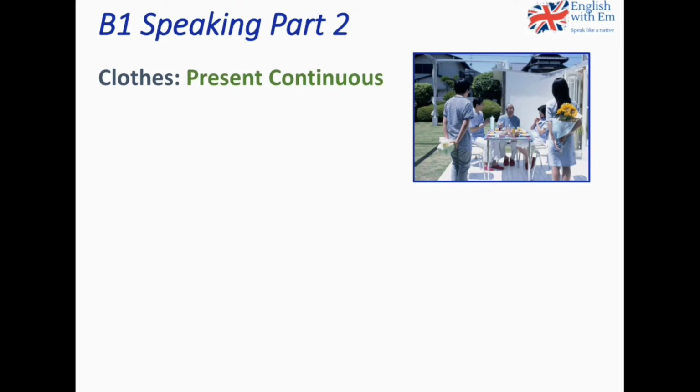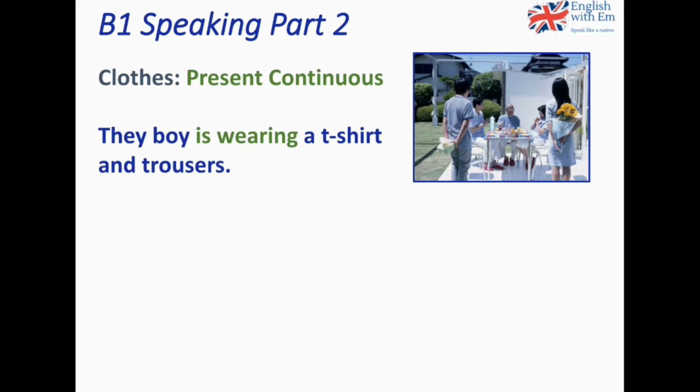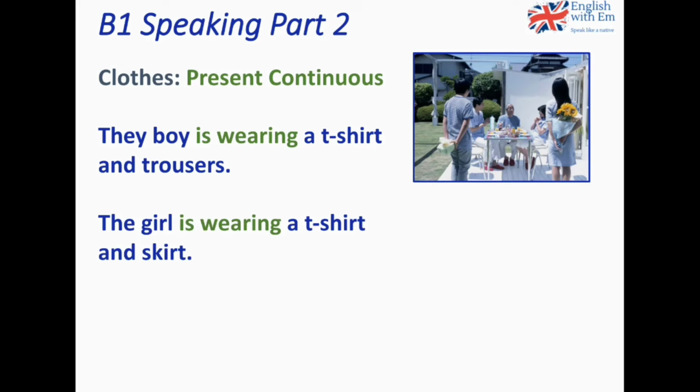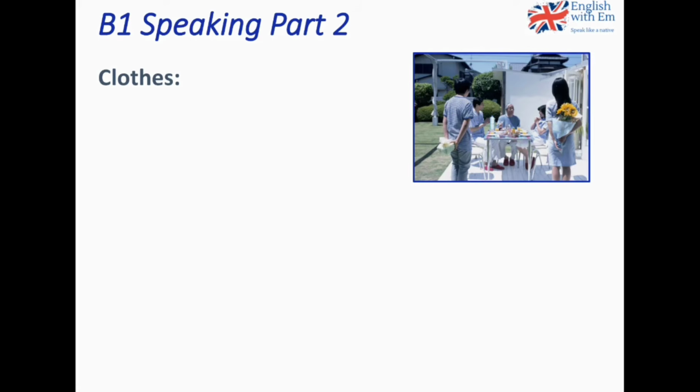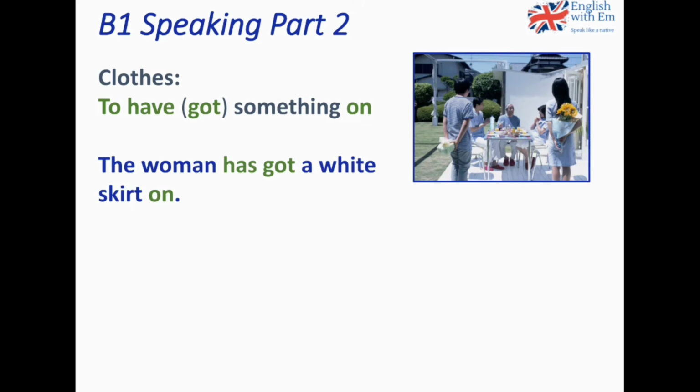Okay, clothes, present continuous again. The boy is wearing a t-shirt and trousers. The girl is wearing a t-shirt and skirt. The dark-haired man and woman are both wearing shirts. Or we can use our have got something on construction instead.